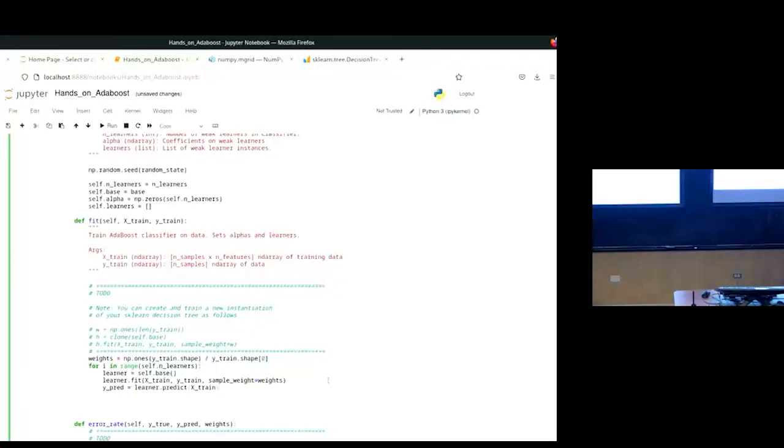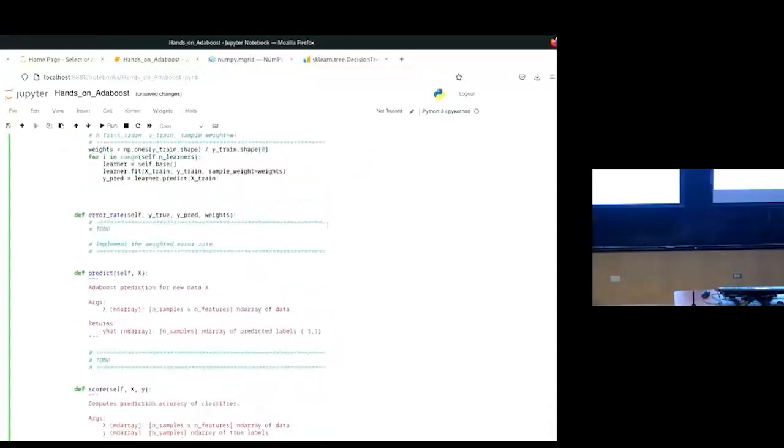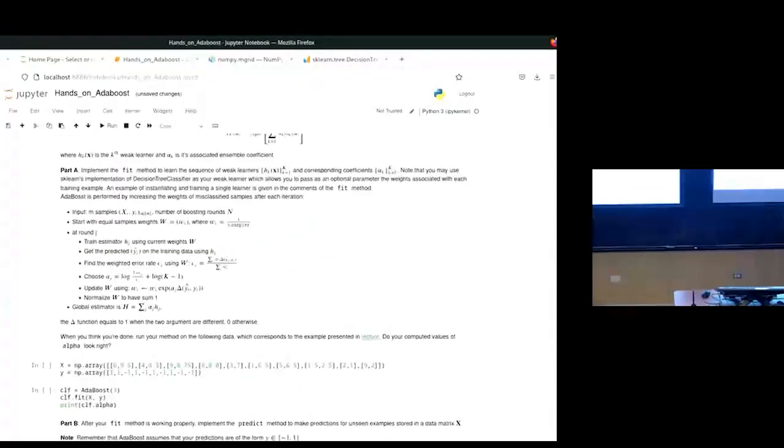Now I'm going to have some samples that are misclassified, so I have to update the weights associated with the samples. Initially, I have to compute what we call the error rate. This is the AdaBoost algorithm. The error rate is specific to each learner, so we're going to need it.